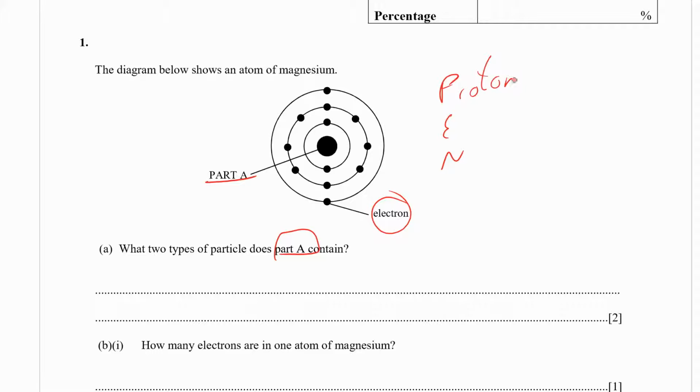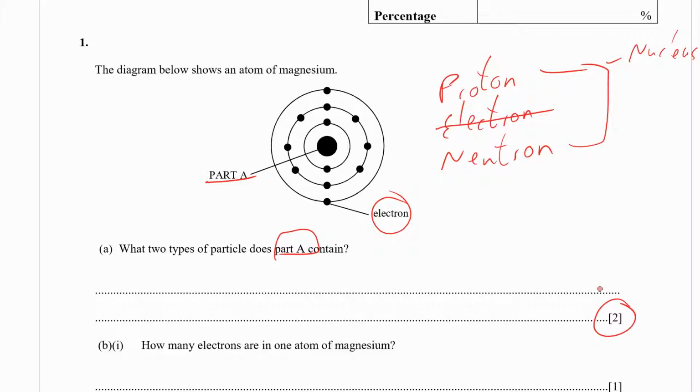So the proton, the electron, and the neutron. And the two which are missing are obviously the proton and the neutron. These form in the nucleus, and so your answer worth 2 marks here is the proton and the neutron.